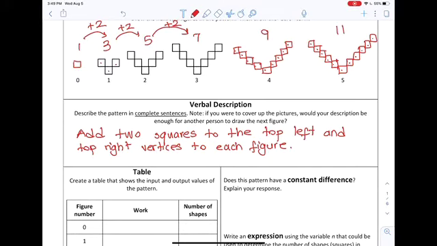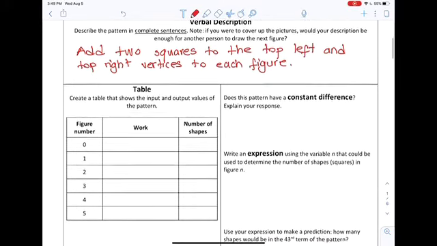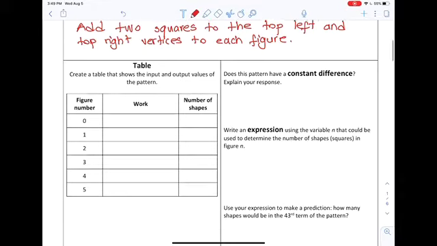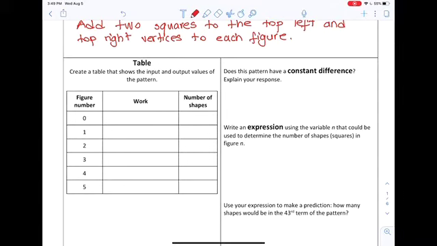Okay. We move on to the second part of visual pattern A. In the table, I am going to go ahead and record the number of shapes I currently have. For the 0th figure, I had 1. For the first figure, I had 3.